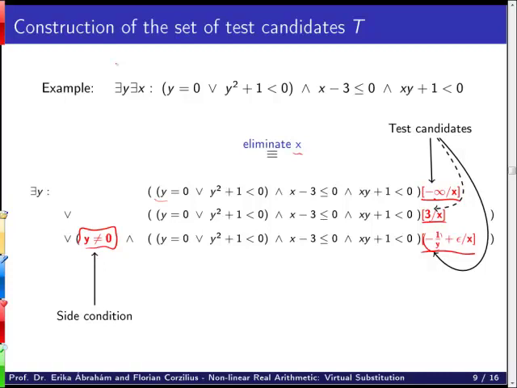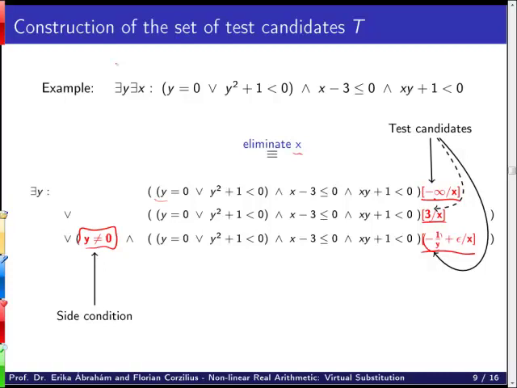We have seen that we needed something like a finite set of candidates where we could replace x, and we check for each of the candidates if it holds, and if it does not hold, then we check the next one, and if there is no one which fulfills this formula, then we know that it is unsatisfiable.